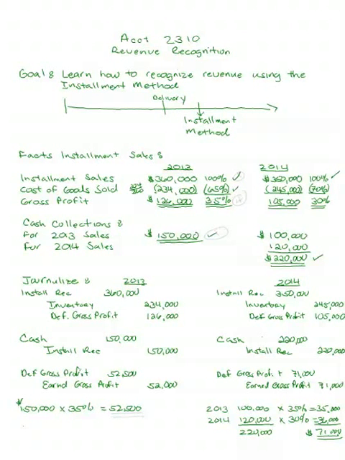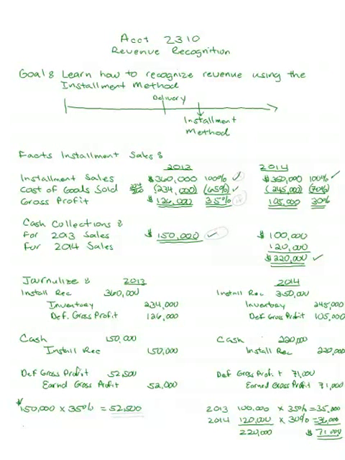So for 2014, earned gross profit is $71,000. Fantastic. Look at that. So, now you've seen the journal entries, how to journalize transactions for the installment method.